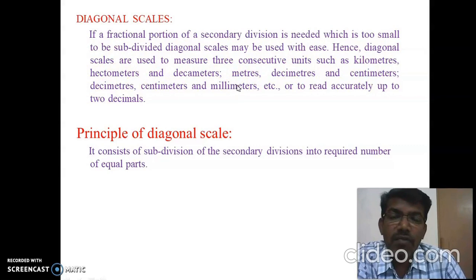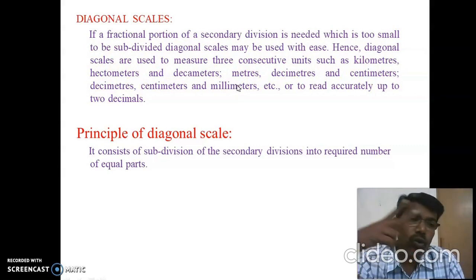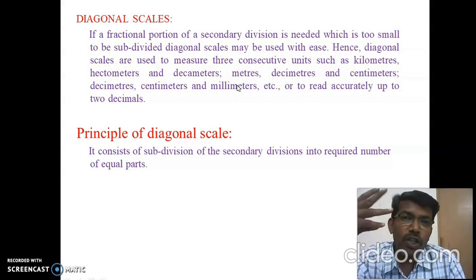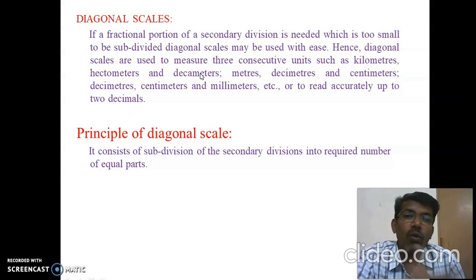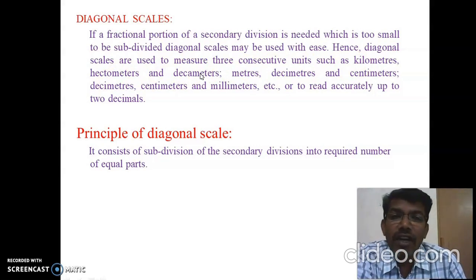In the previous case of plain scale we had only units and subunits, but here units, subunits and sub of subunits. Like this we can represent 3 different units in a single scale.